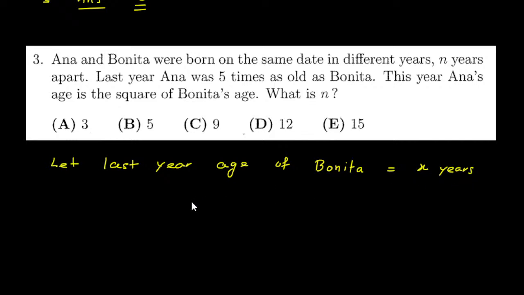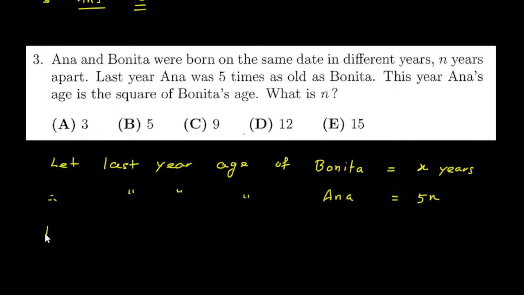Therefore, last year's age of Anna will be 5 times x, so it will be 5x.